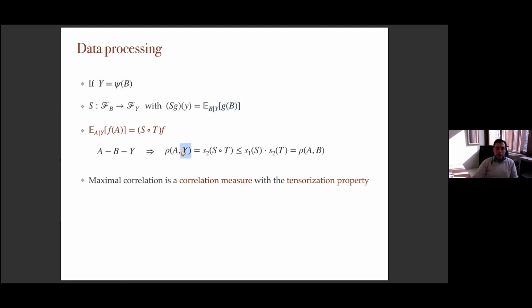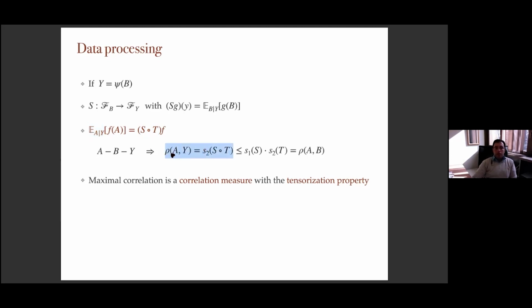Now to compute this maximal correlation between A and Y, I should consider the map that sends a function of A to a function of Y. Now the point is that this map that sends functions from A to Y is the same as considering the map that sends functions from A to B, composed with the map that sends functions from B to Y. So the concatenation of T and S is the same as this conditional expectation of A given Y. So I have this equality.